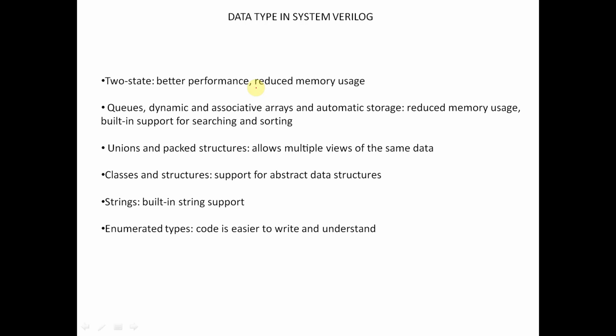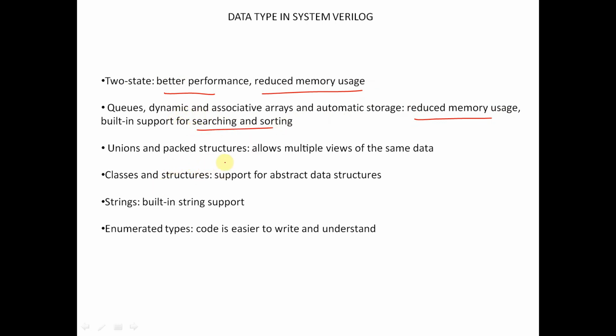Two-state data types, queues, dynamic arrays and associative arrays, unions and packed structures, classes and structures, strings and enumerated types. So we will discuss one by one. So coming to two-state data types, it will offer us better performance, reduced memory usage, and queues, dynamic arrays and associative arrays, and for automatic storage, and for reduced memory usage, built-in support for searching and sorting.